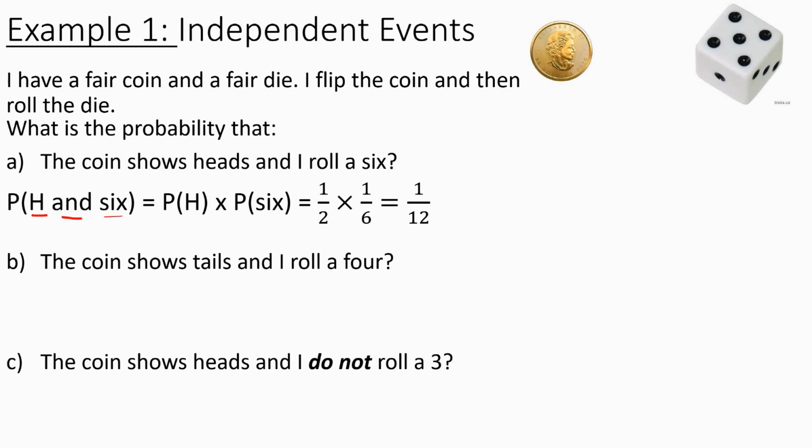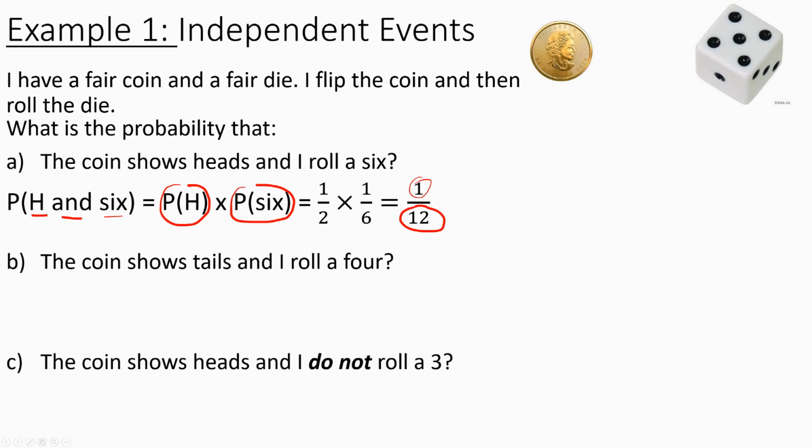That's going to be the probability I get H or heads times the probability I get a 6. The chance I get a heads on a fair coin is 1 out of 2, 1/2. So I do 1/2 times, and then the chance that I get a 6 on a dice is 1 out of 6. It's 1/2 times 1/6, which is 1 times 1, which is 1, over 2 times 6, which is 12.